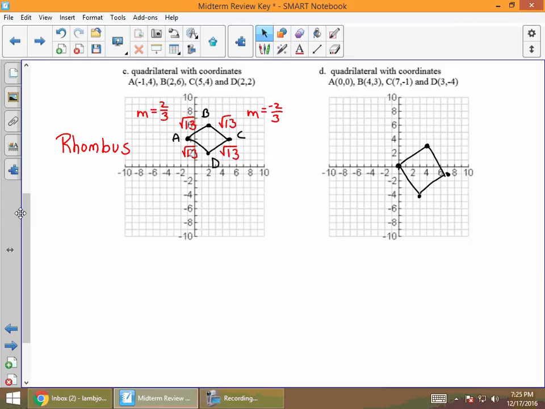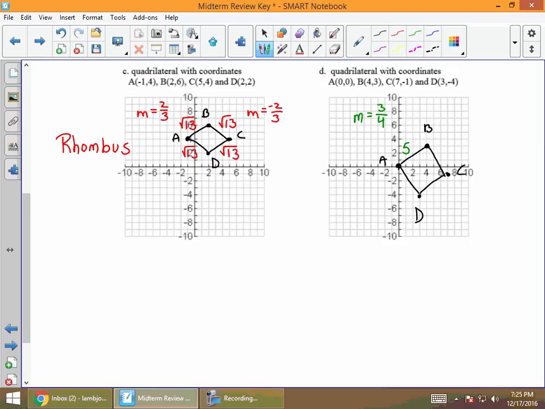And let me label those A, B, C, and D. From A to B, the slope, rise 1, 2, 3, run 1, 2, 3, 4. Slope is 3 over 4. So the distance is 3 squared plus 4 squared. That is 9 plus 16 is 25. Square root of 25 is 5.